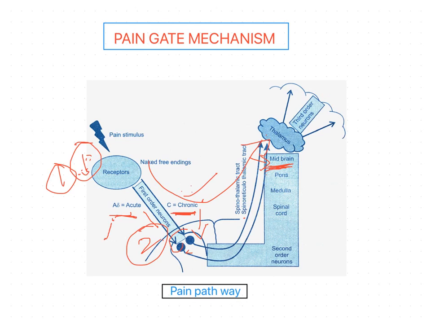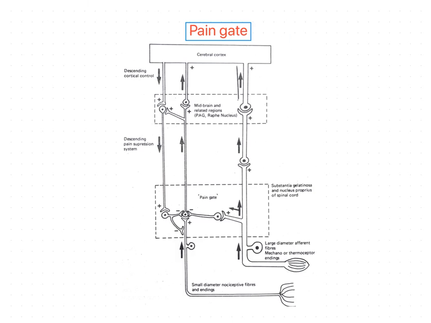Okay, so we have seen that these are the pain gate mechanisms. First we will see what we mean by pain gate. Afferent input is predominantly via the posterior root of the spinal cord, and all afferent information must pass through synapses in the substantia gelatinosa and nucleus proprius of the posterior horn or dorsal horn, isn't it?